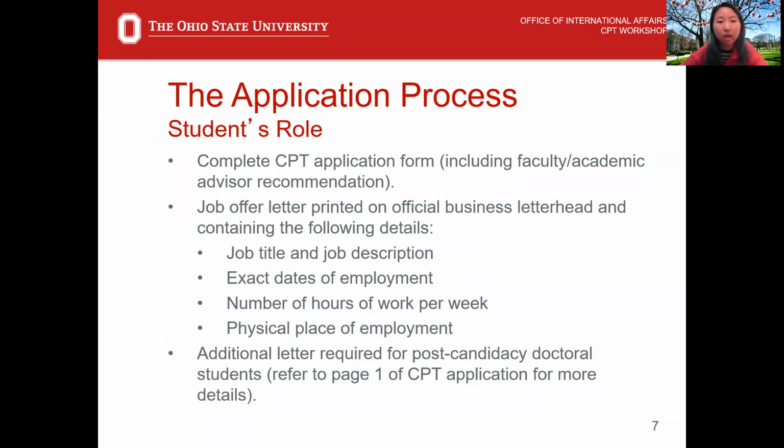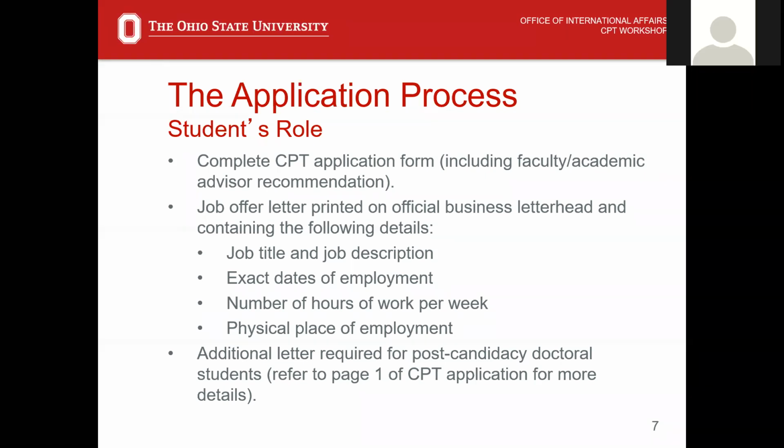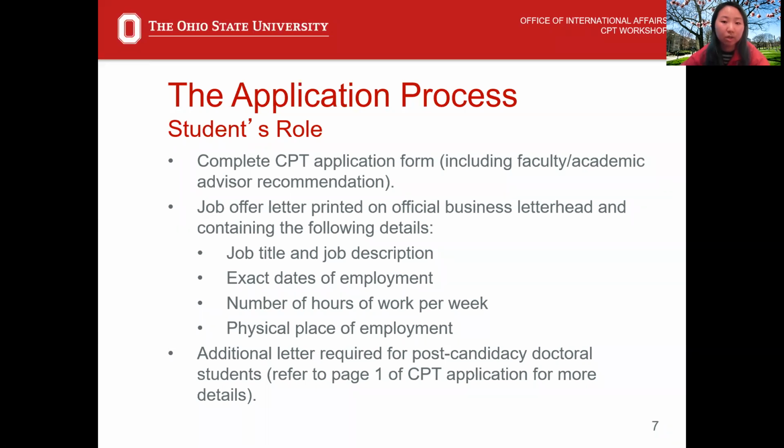And the second part would be to designate the CPT related course that you're going to be enrolled in for the semester that you are doing the CPT. Those 2 things are integral to our office being able to ascertain that the CPT is related to your major course of study.